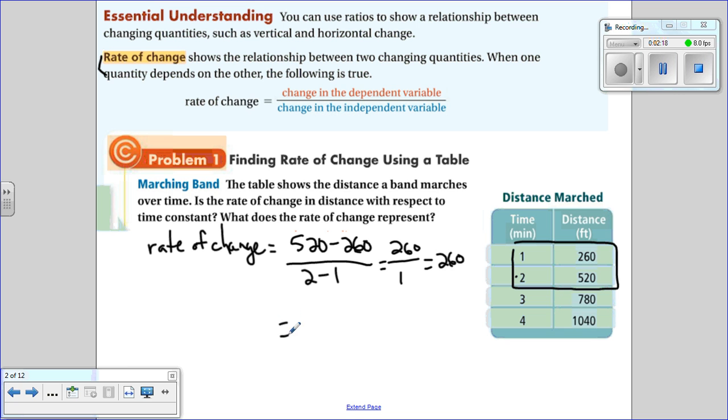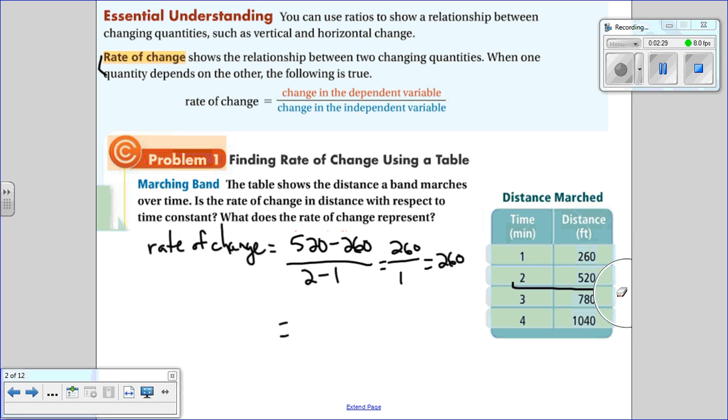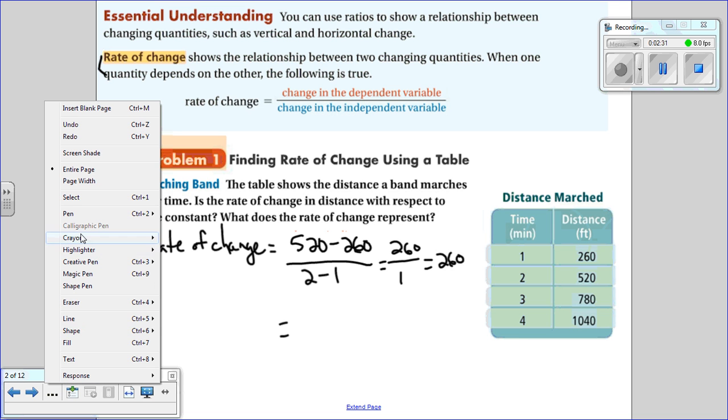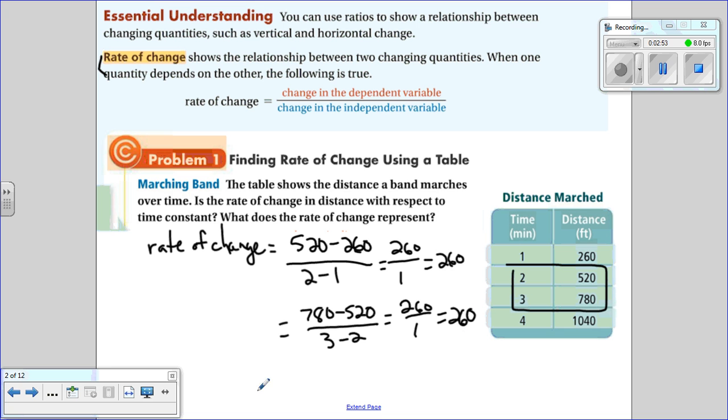We have to do this again then, but this time with these numbers to find out if it's the same. So this time I'm going to take the 780 first minus the 520 divided by 3 minus 2. And this time I get 260 over 1, which is again the same.